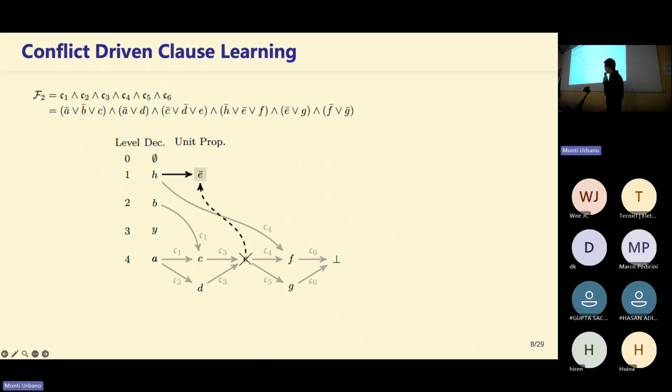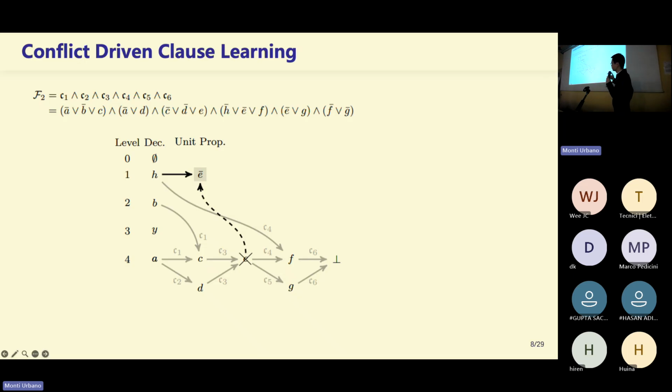Now, this graph indicates that if a is assigned to true, then we can imply that d has to be true. Because when we check the second clause, if a is assigned to true, then not-a is falsified. So if we want to make that clause satisfied, we have only one choice. We have to assign variable d to be true. So that is the inference.